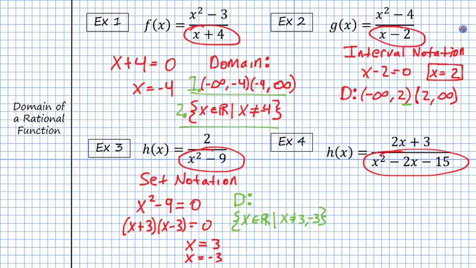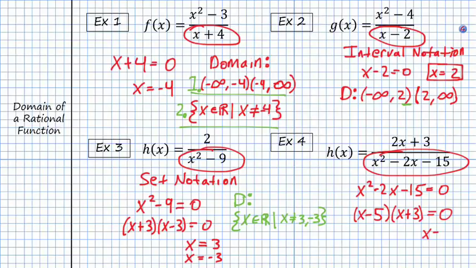Alright, and then finally we'll do the same thing for this last example. We have x squared minus 2x minus 15 is equal to 0. We're going to want to factor this. So let's think of two numbers that will multiply to give me negative 15 and add to make negative 2. Well, maybe (x minus 5)(x plus 3) is equal to 0.